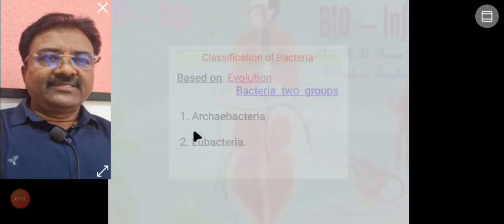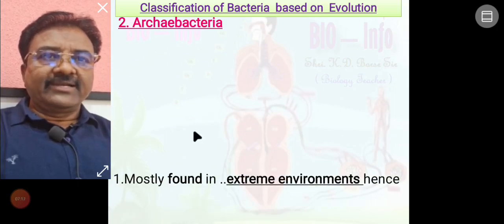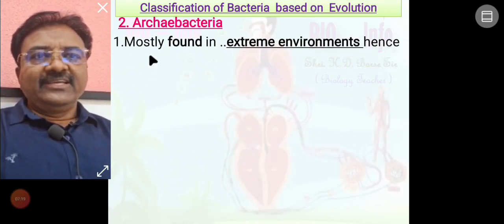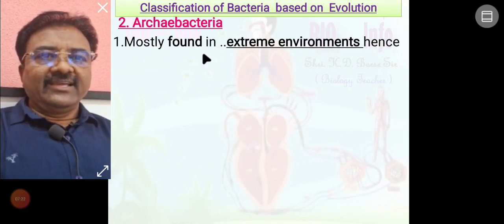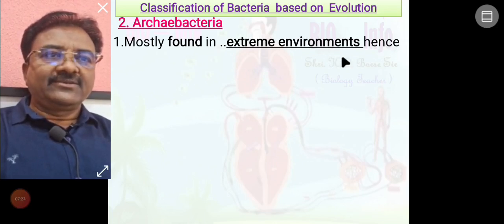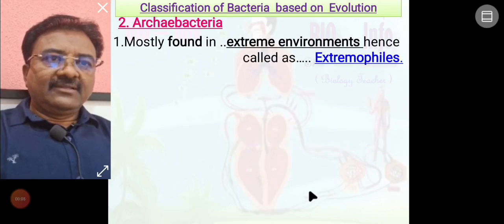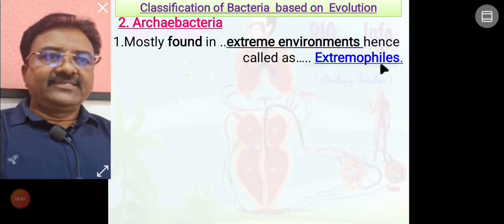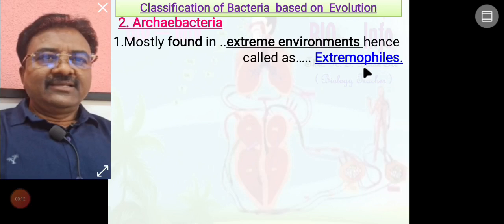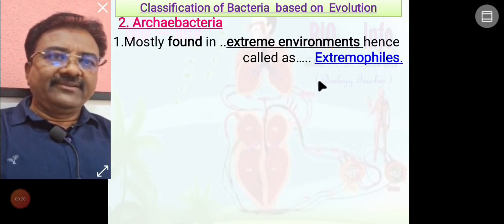First one is archaebacteria. What are the characteristic features of archaebacteria? Mostly archaebacteria is found in extreme environment, hence called extremophils. Why archaebacteria called as extremophils? Mostly they are found in extreme environmental condition, hence called them extremophil.